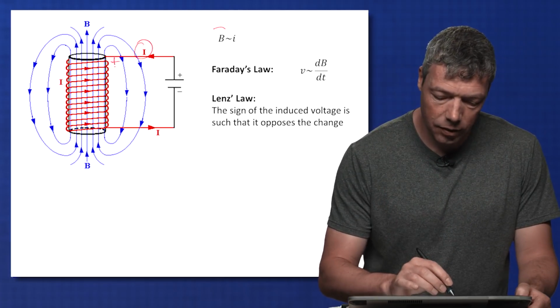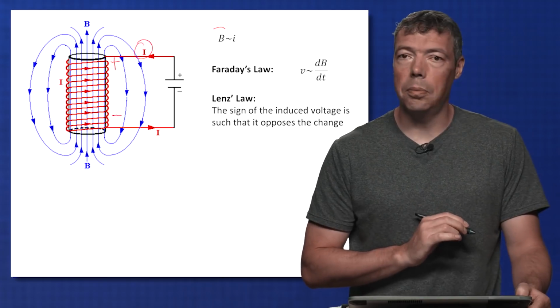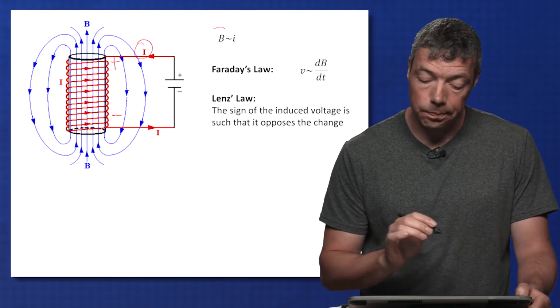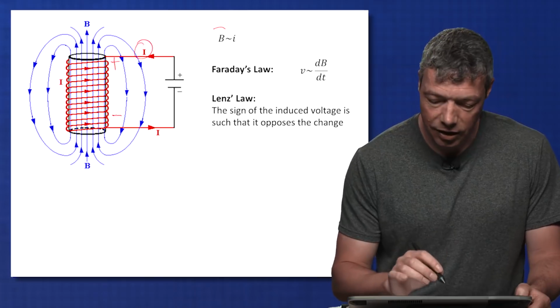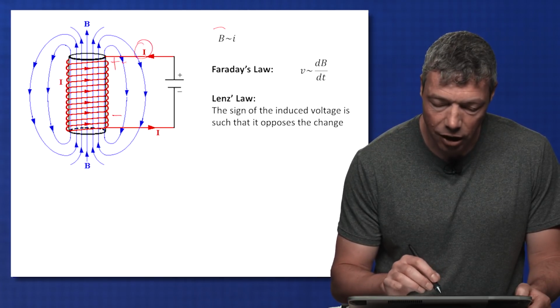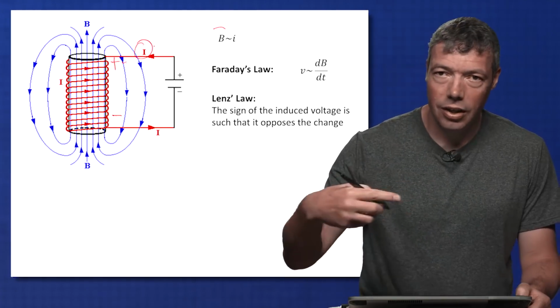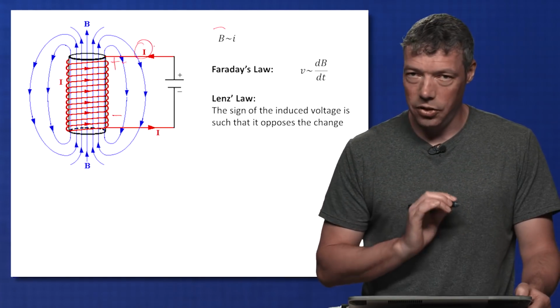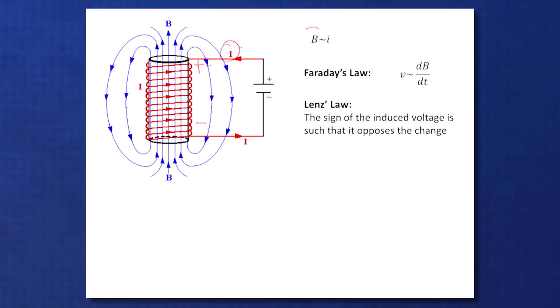So in this case, the voltage is going to appear like so, because this voltage is opposing this increasing current. This voltage makes it harder for that current to flow, right? It's trying to push it back. And so this is how an inductor behaves physically.